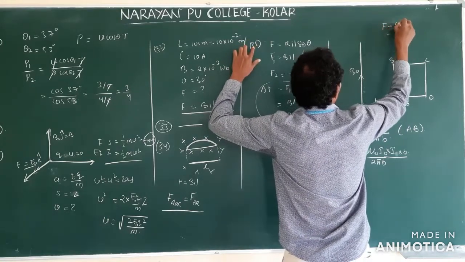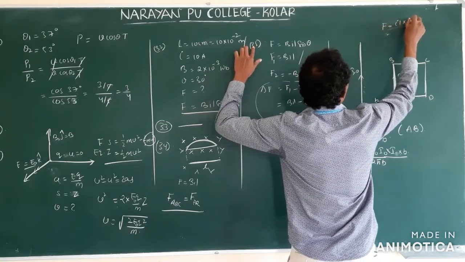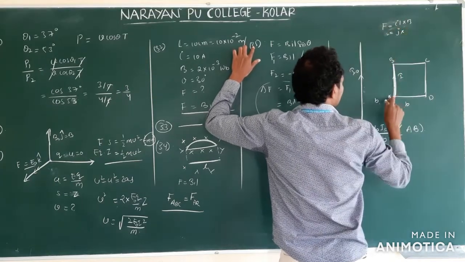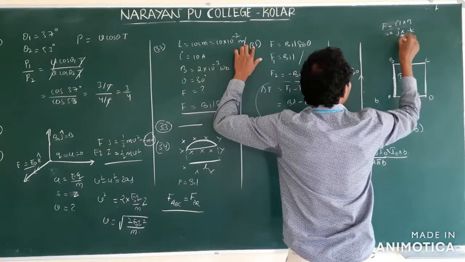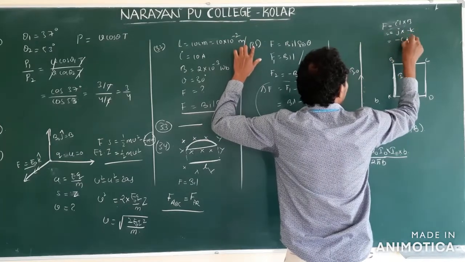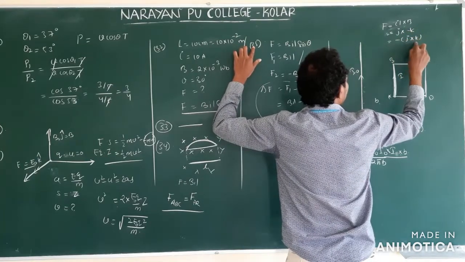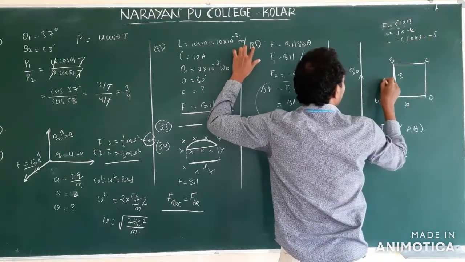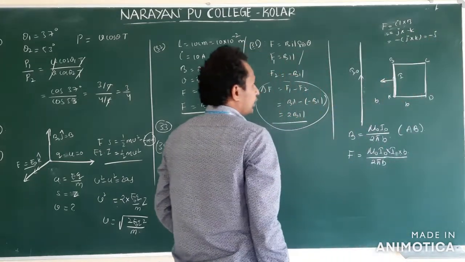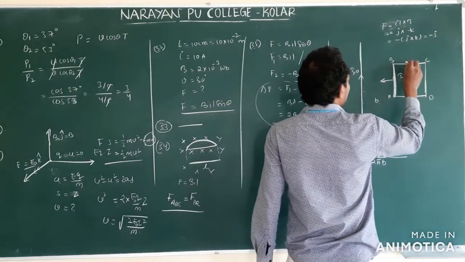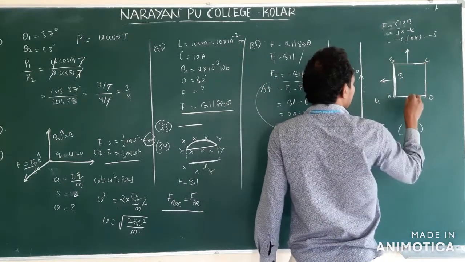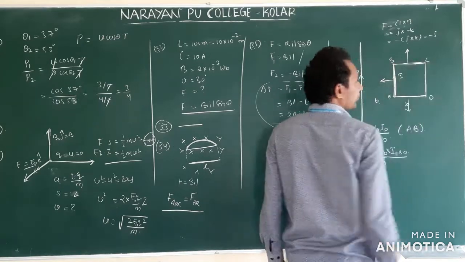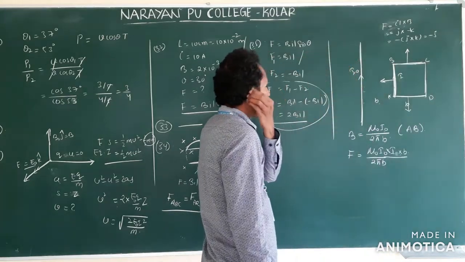F is equal to I L cross B. I is acting along j, cross, this is acting along minus k. j cross minus k is minus j cross k, and j cross k is i. Already minus is there, so minus i means it attracts towards the wire. This conductor experiences force up and this conductor experiences force down. These two will be the same in magnitude and opposite in direction.